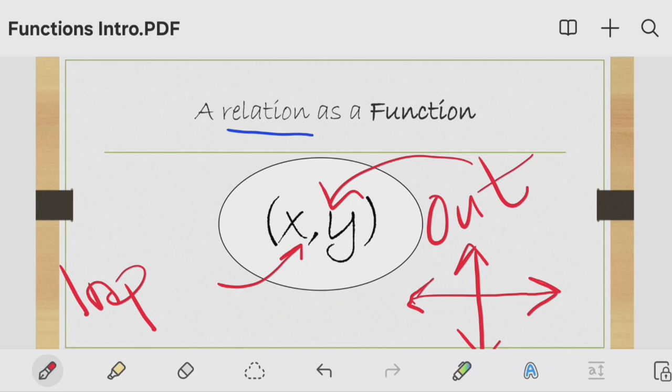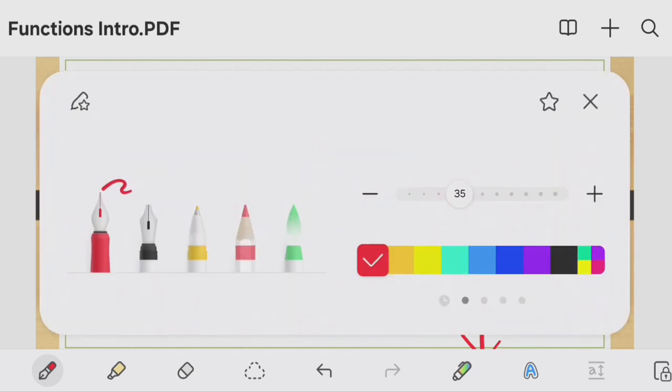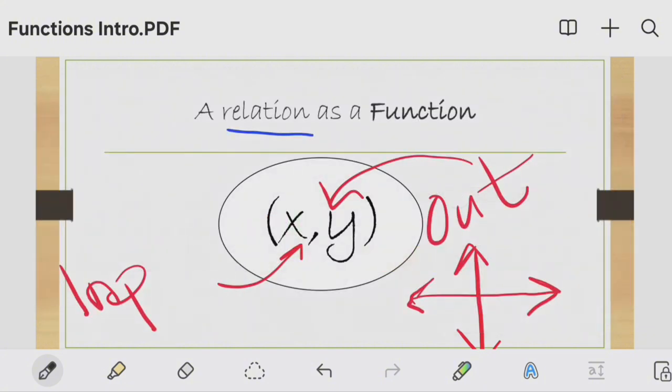So when we draw our graphs, we usually have this as our x-axis and that as our y-axis. On our x-axis is where we are going to have our inputs, our freely chosen independent variables.